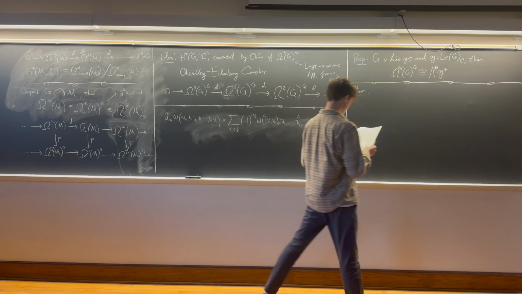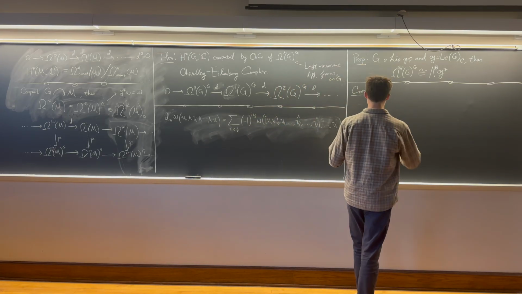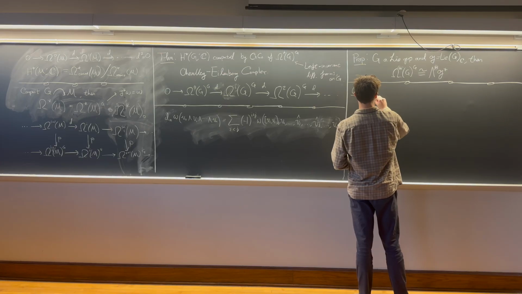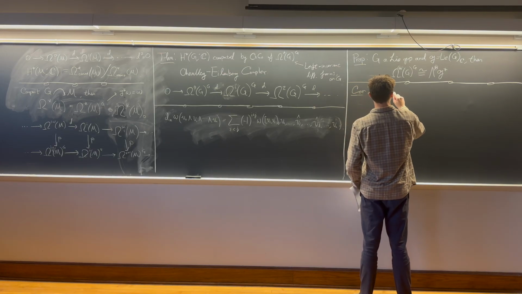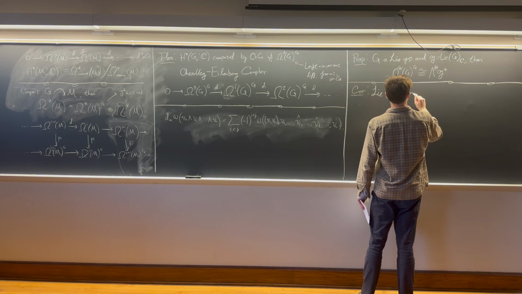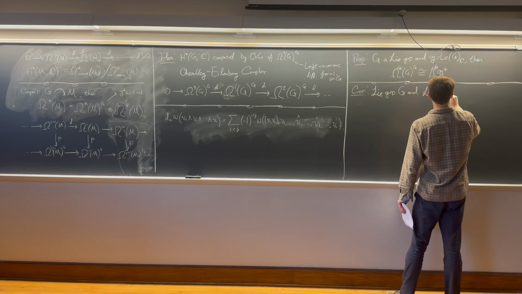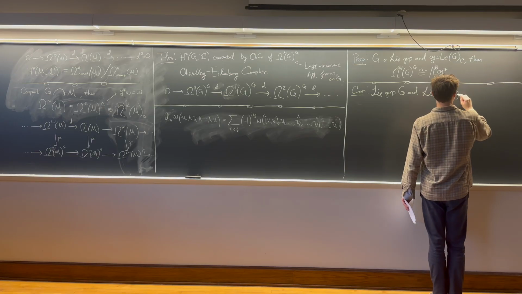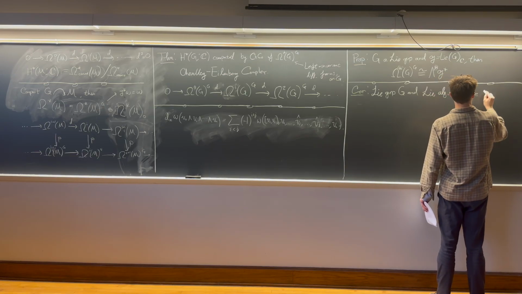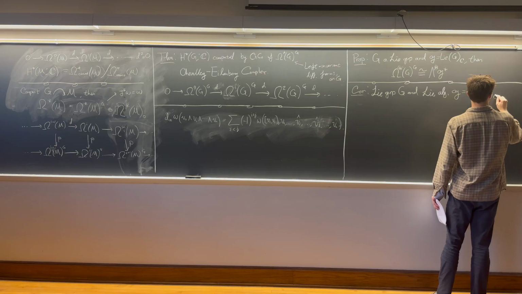But okay, so essentially the corollary here is you have a Lie group G and its Lie algebra g.